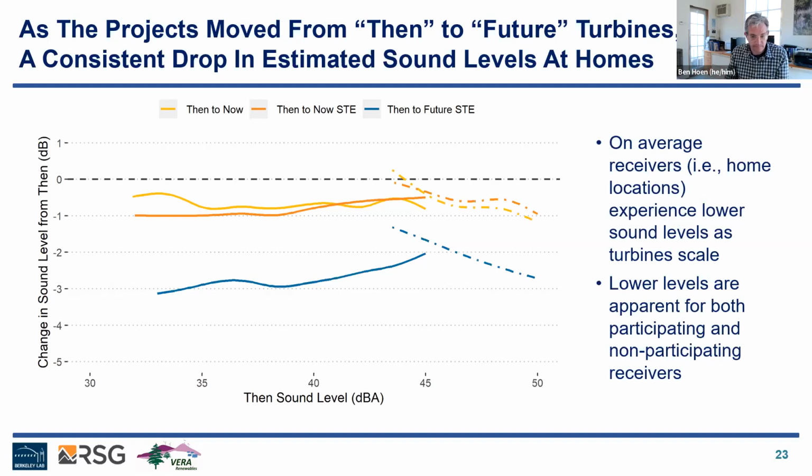Let me add to that, typically, 3 decibels is not much of a difference. But when you're very close to that audibility threshold, say you're at 40 decibels and the background is, just as an example, 40 decibels, you might not notice the wind turbines very much.